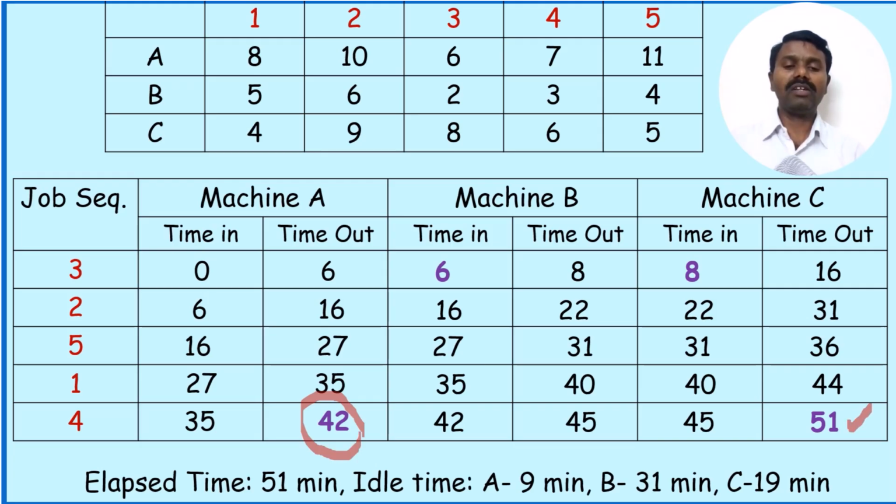So that means 51 minus 42, 9 minutes mission A is idle, and mission B initially it is idle for 6 minutes. And then here within 8 minutes it completed its job, but till it gets the next job to do, till that time it needs to wait.